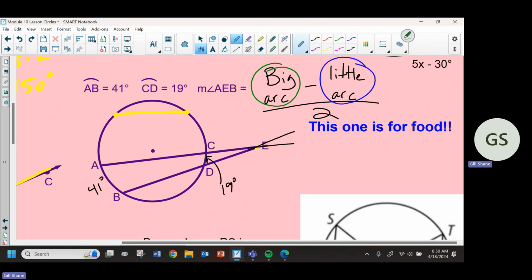The color coordinate. There. Little arc, big arc. Yeah, it was 11. Right.